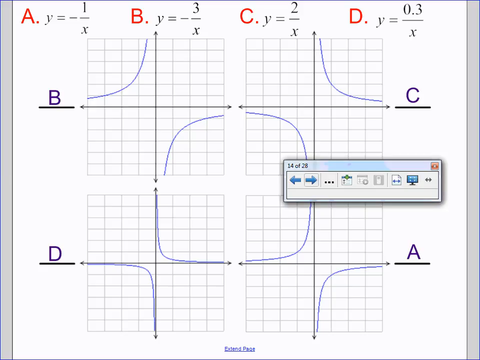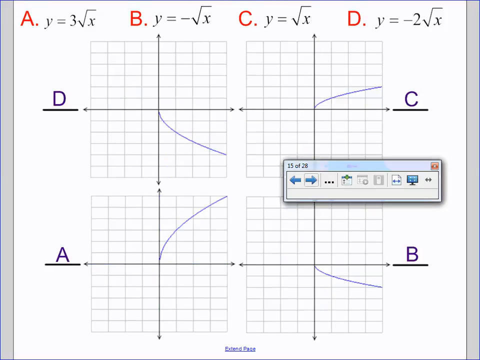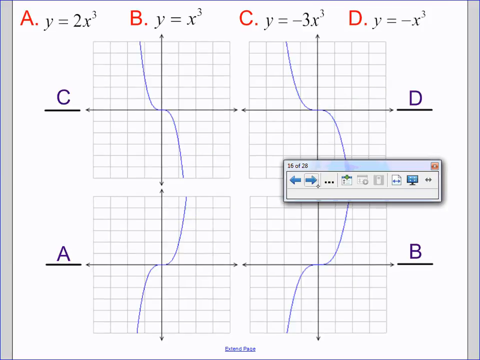Third slide, B, C, D, A. Followed by D, C, A, B. Followed by cubing function, C, D, A, B. That's pretty sweet.